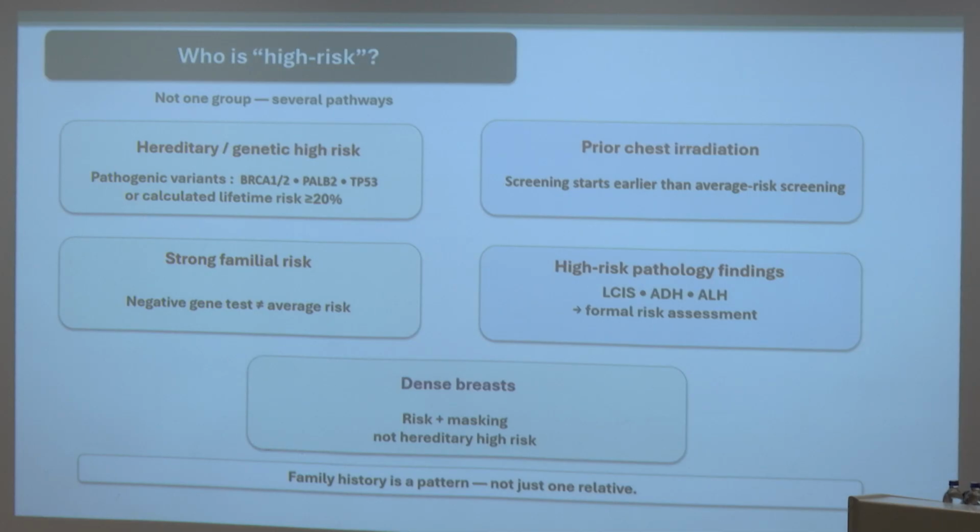A negative genetic test is not an average risk. Then we have prior chest irradiation, where screening starts earlier than average-risk screening, and high-risk pathology findings like LCIS, ADH, and ALH, which were already discussed, with formal risk assessment and counseling.